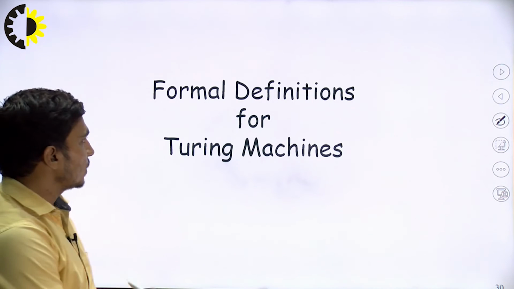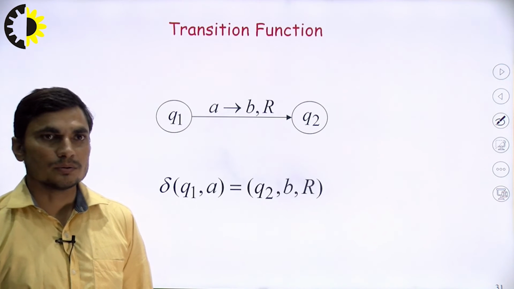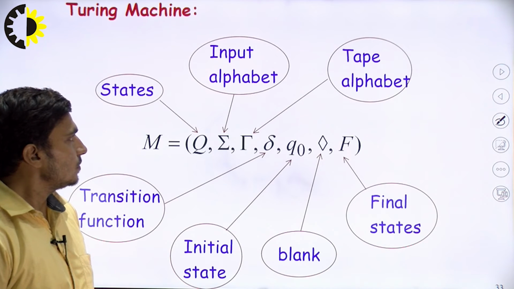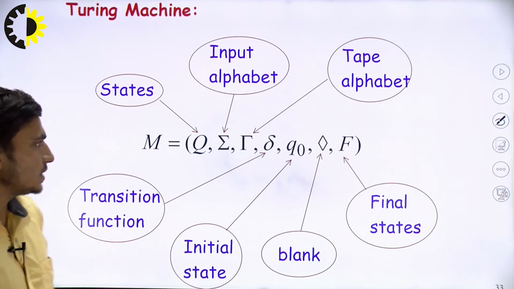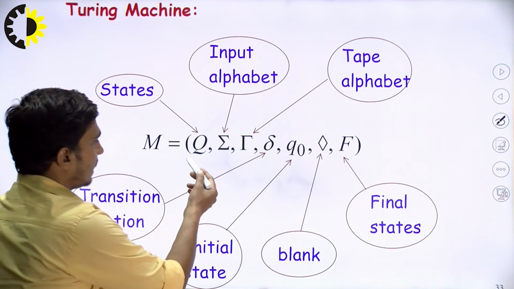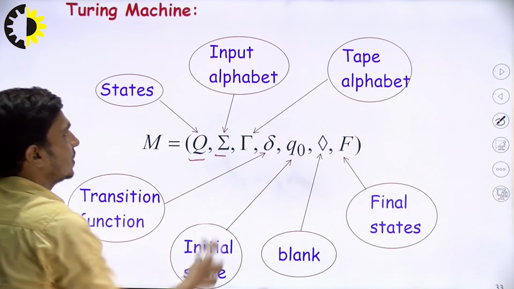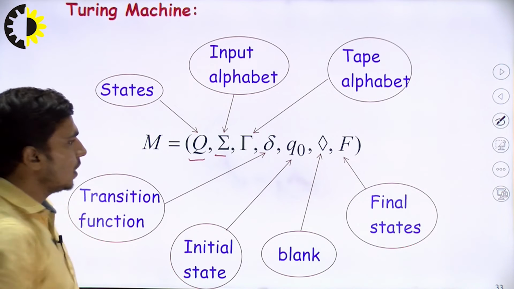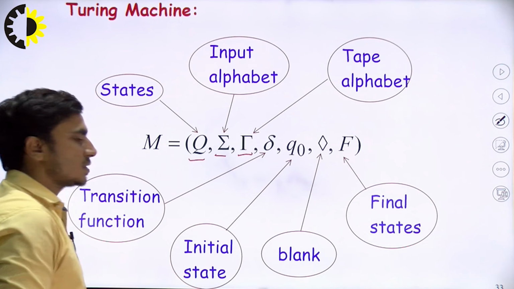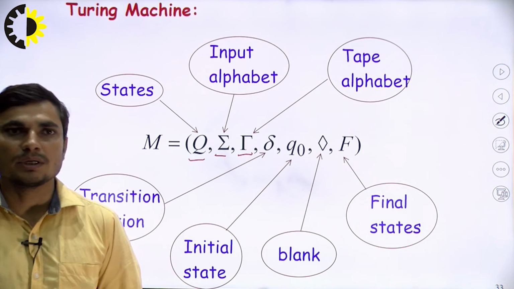So now we are going to discuss the formal definition of Turing machine. When we talk about the formal definition of Turing machine, the Turing machine is represented by 7 tuples. Q represents the set of states, sigma represents the input alphabet, the set of all the input symbols, and gamma is the tape alphabet, which contains the set of all the symbols which can be written on the tape.